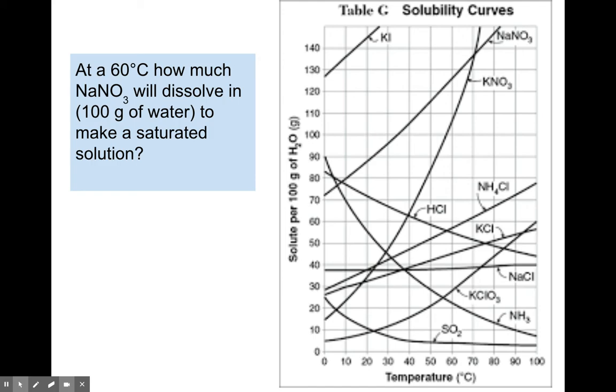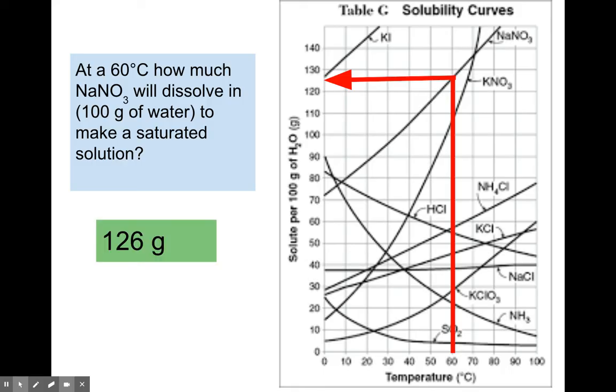Find 60 degrees NaNO3. With the temperature, go find the NaNO3 line, go all the way up, and then go over to the left. And there we go. Go to the left, and approximately, you might have had 125 or 127. That's also okay.